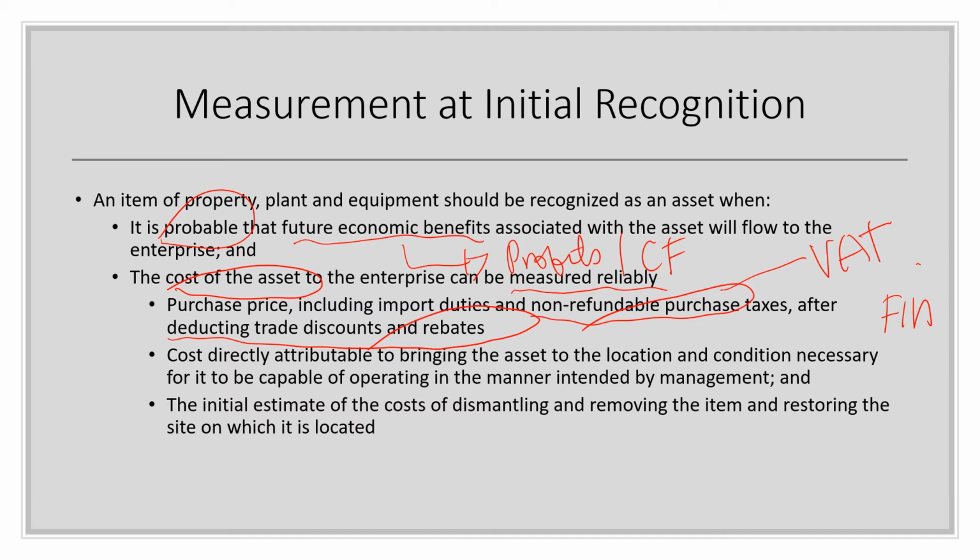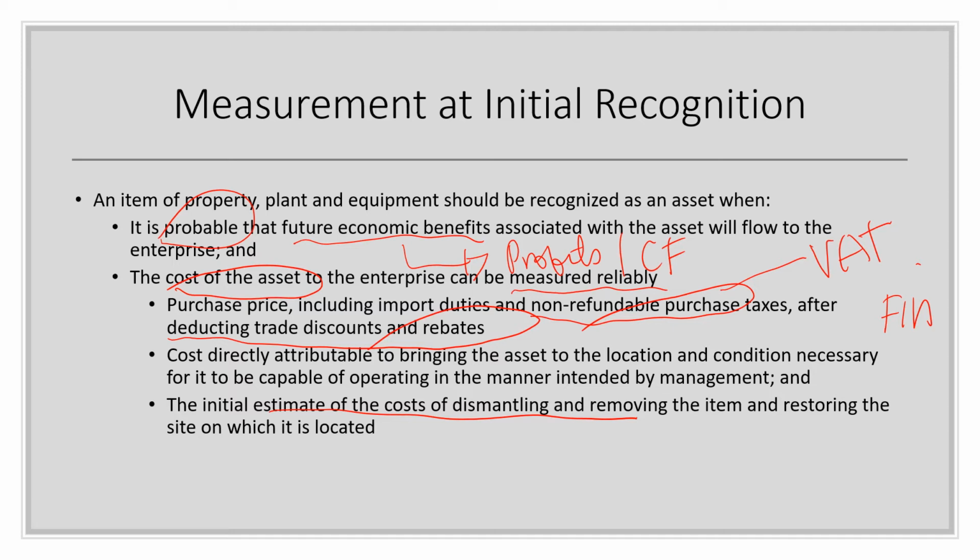Aside from the purchase price and the other directly attributable costs, the initial estimate of the cost of dismantling and removing the item and restoring the site on which it is located should also be part of property, plant, and equipment.